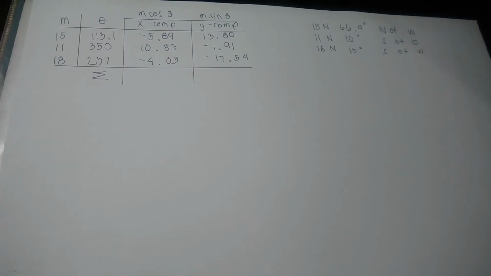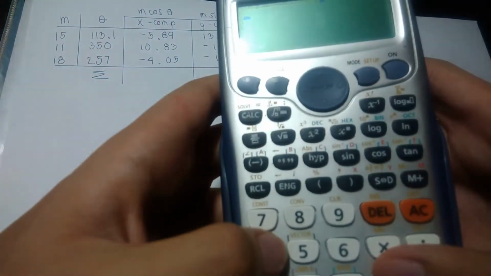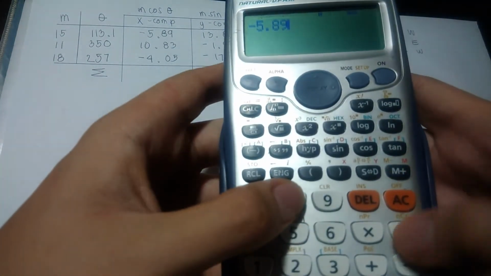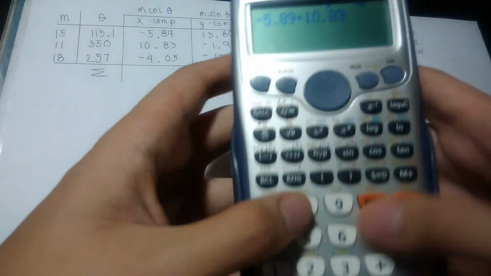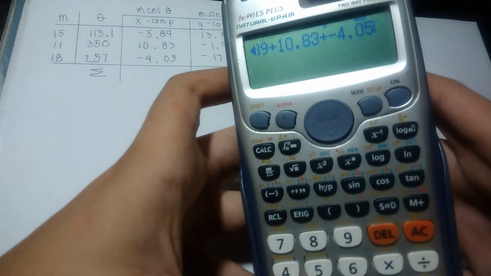Now we have to get the summation of the x and y components. So we just have to add them all. So it's negative 5.89 plus 10.83 plus negative 4.05.